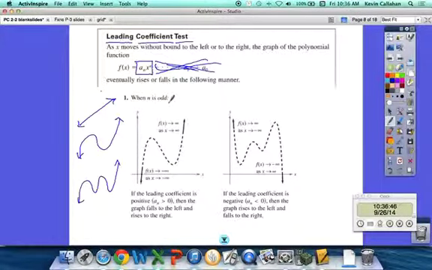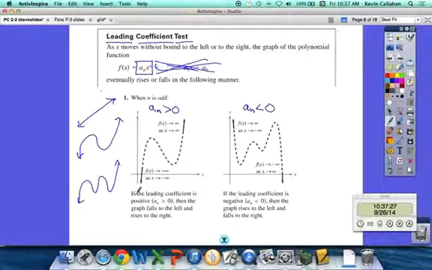So if n is odd, 1, 3, 5, 7, 9, doesn't matter which, we know that it either starts negative and ends positive, or if the leading coefficient is negative, then it'll start positive and end negative. It's flipped. That's what it's saying underneath there.